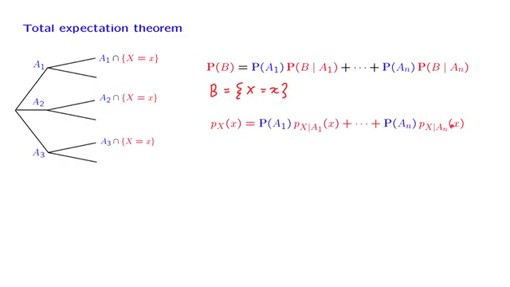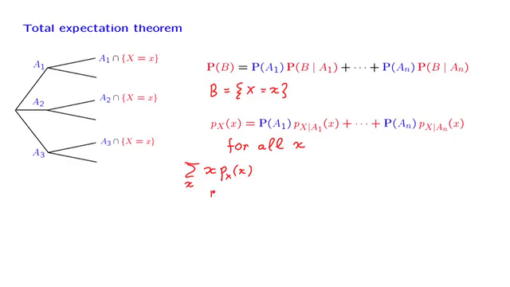Now, this version of the total probability theorem, of course, is true for all values of little x. This means that we can now multiply both sides of this equation by x and then sum over all possible choices of x.